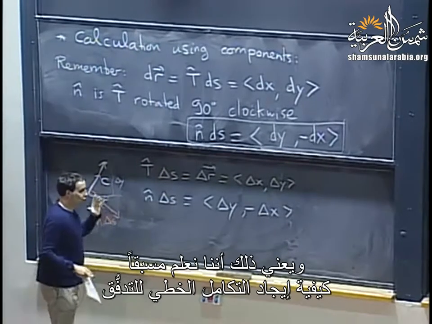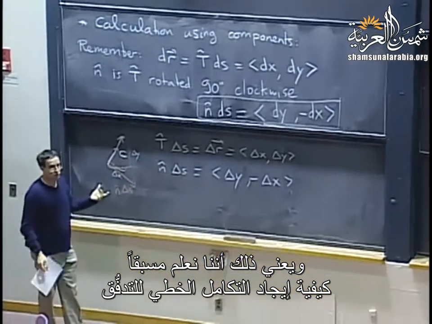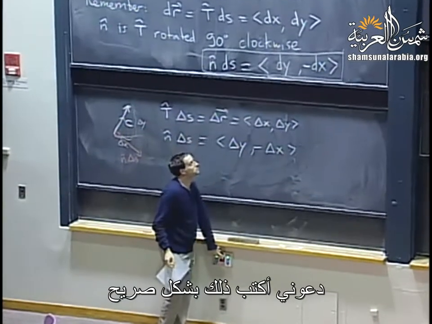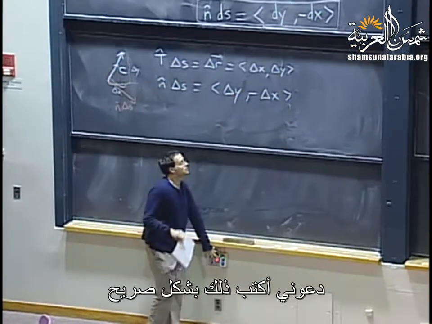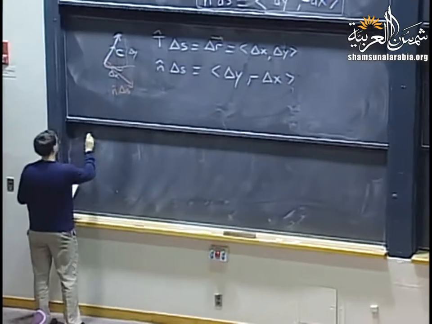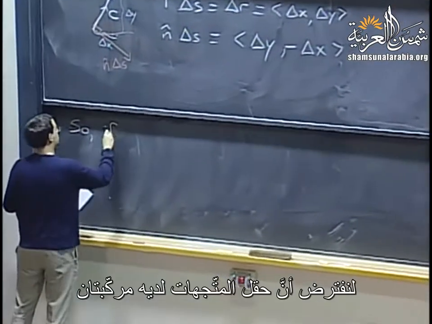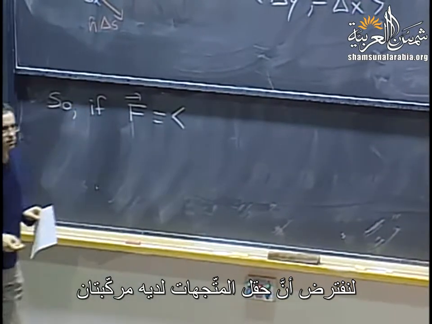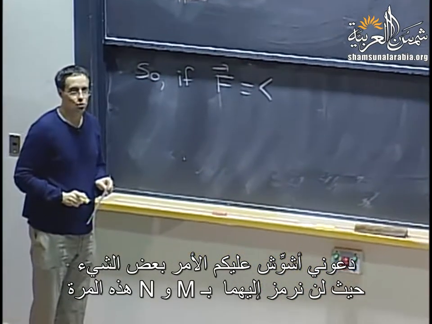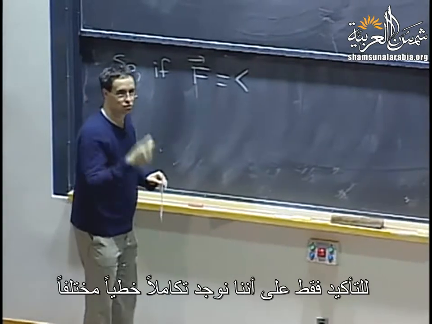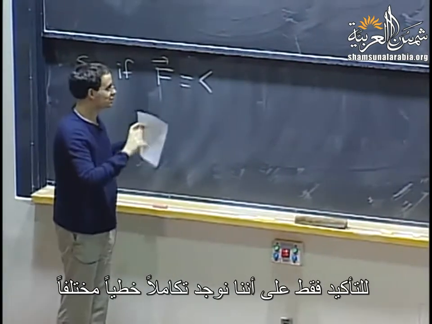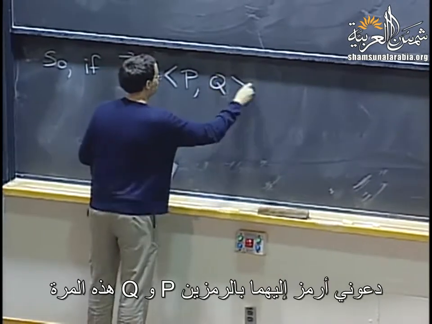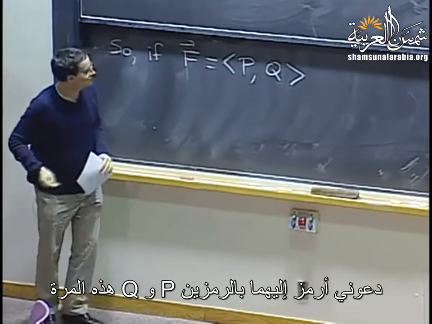It means you already know how to compute line integrals for flux. Let me just write it explicitly. Let's say that our vector field has two components. Let me just confuse you a little bit and not call them M and N this time, just to stress the fact that we are doing a different line integral. So let me call them P and Q for now.